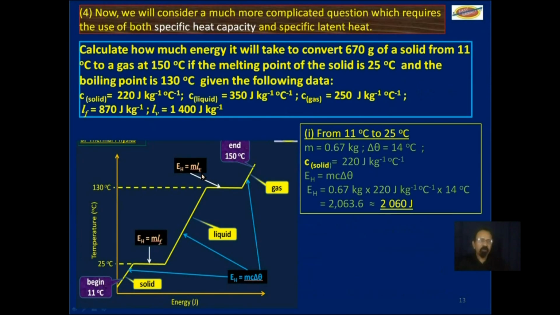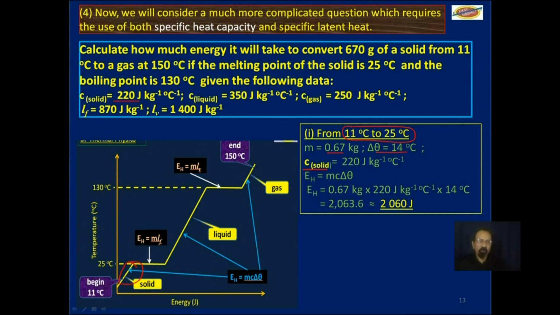First part of the question, we are moving from 11 degrees Celsius to 25 degrees Celsius. That is to say, we are moving here. We are heating the solid to its melting point. And we have the data. We know the mass is 0.67 kilograms. We know the change in temperature is 14 degrees. We know the specific heat capacity of the solid is 220.